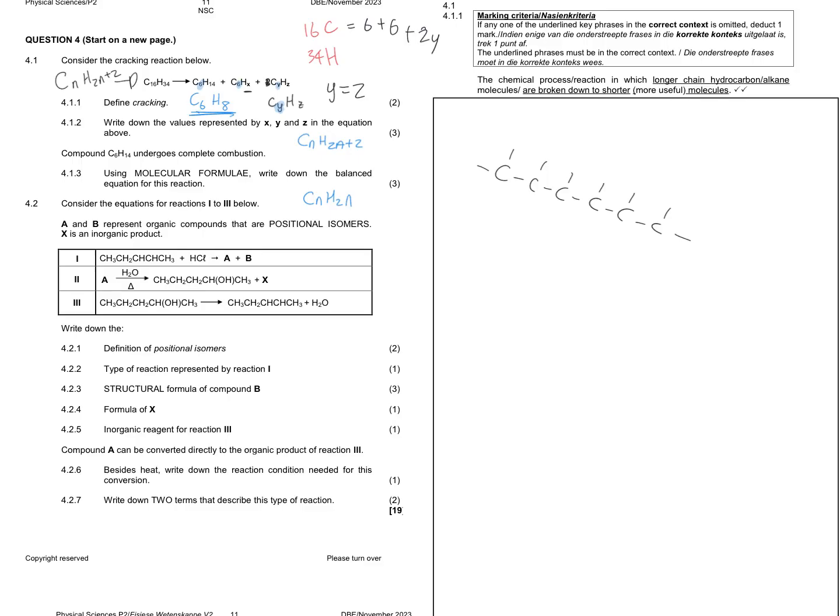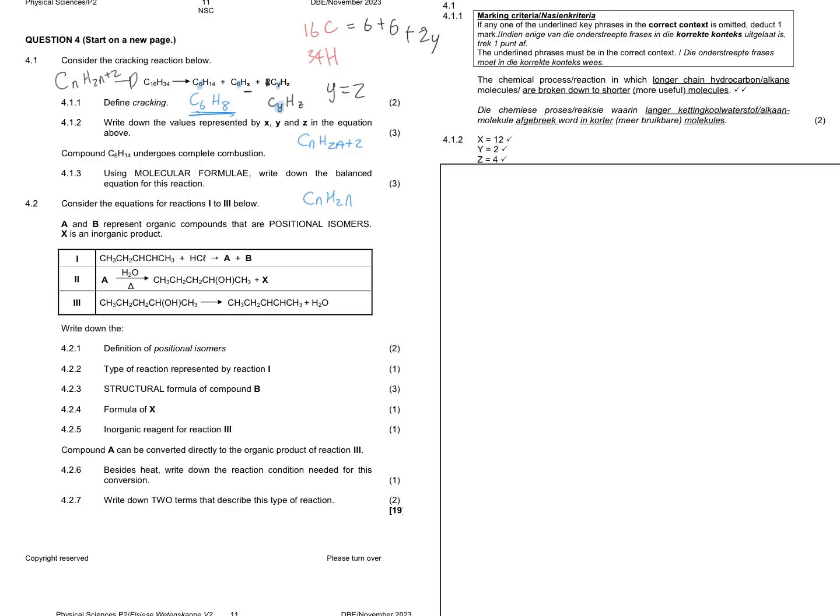If it has 12, I can add 1, 2, 3, 4. I can put a double bond in there, and that's fine. That works. So C6H8 is not possible because there are not enough bonds to satisfy the 4 bonds per carbon rule. So a whole bunch of algebra happens, and you just hope like hell, and eventually you get the answer that X is 12, Y is 2, and Z is 4.